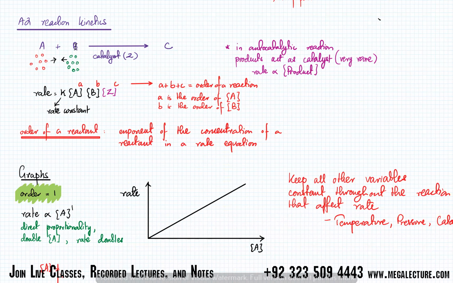So you have to ensure that your other reactants, their concentration remains constant throughout. As A is decreasing, B should not decrease. So the solution is that you add B in very large excess. Okay, you're going to add B in large excess.